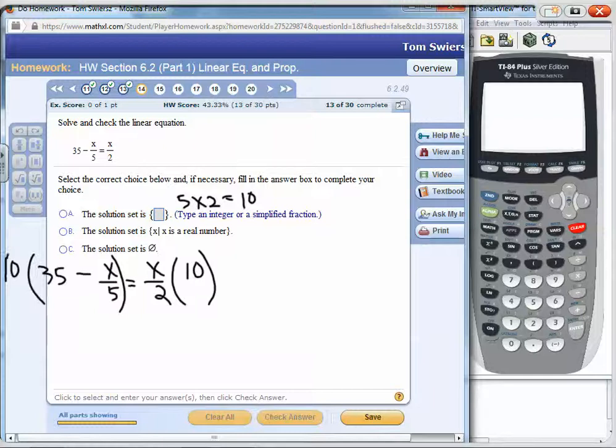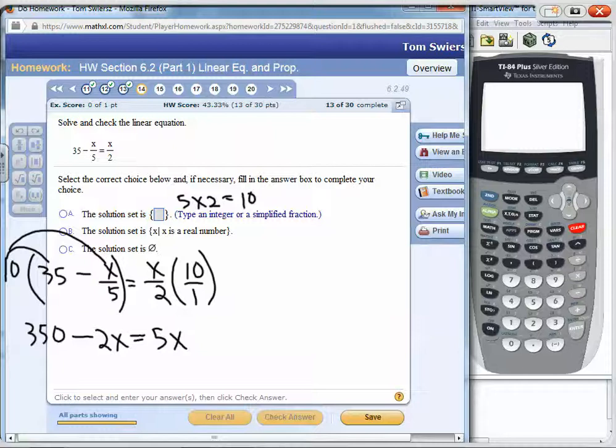So now 10 times 35, they're both in the numerator, so you multiply. So that's 350. Here, copy down the subtraction. 10 is in the numerator, 5 is in the denominator. It's division. So 10 divided by 5 is 2 with the x that we have. And on this side, 10 again is in the numerator, 2 is in the denominator. So 10 divided by 2 is 5x.